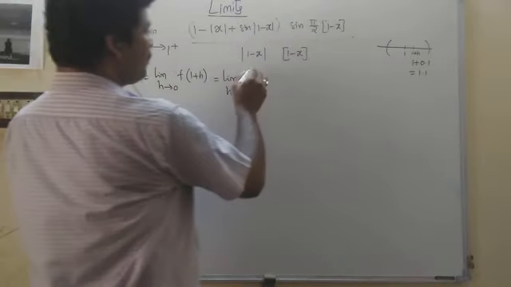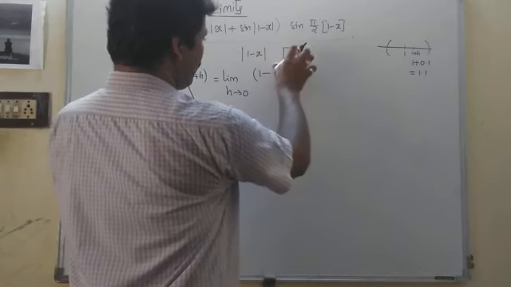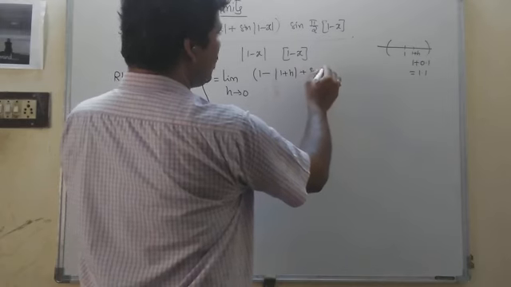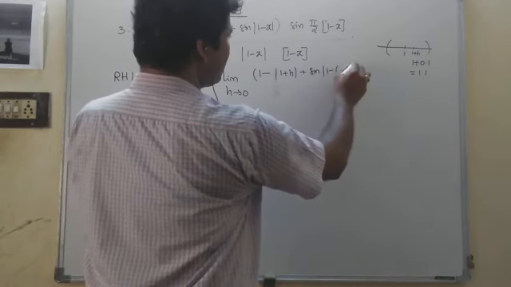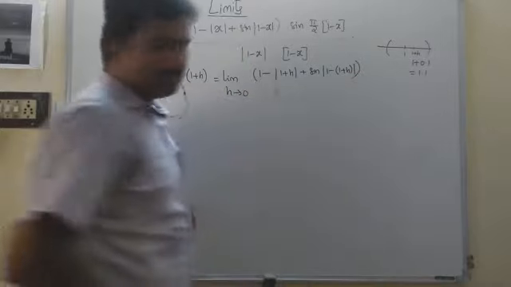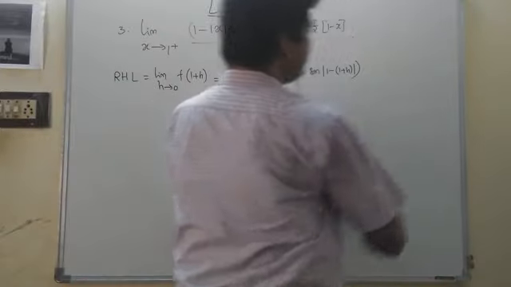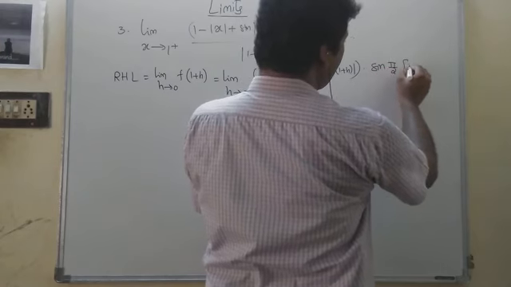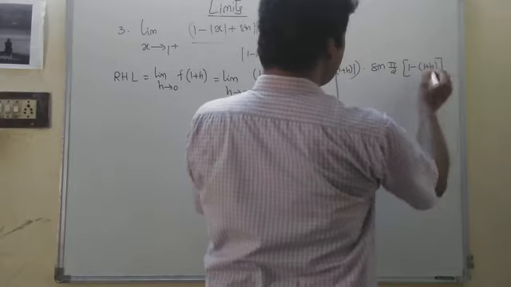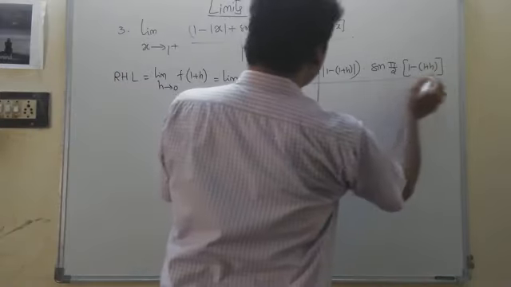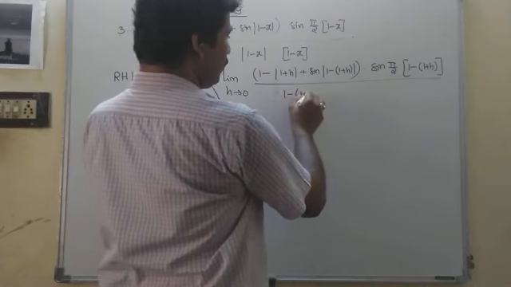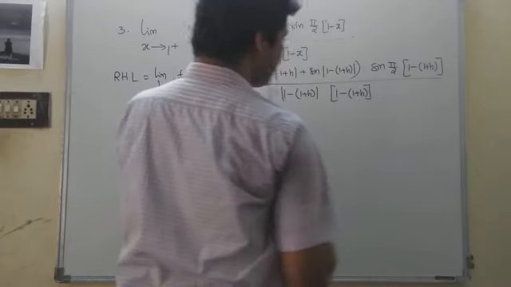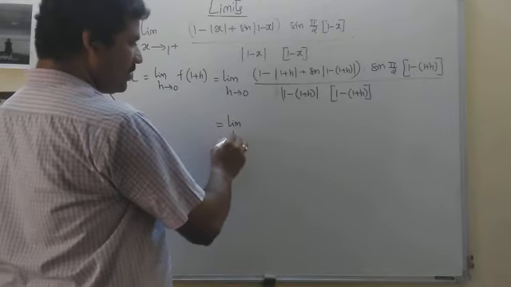What is the f of 1 plus h? 1 minus mod of 1 plus h plus sin mod of 1 minus of 1 plus h into sin pi by 2 box of 1 minus of 1 plus h, whole by 1 minus of 1 plus h box of 1 minus of 1 plus h. That is equal to limit h tends to 0.